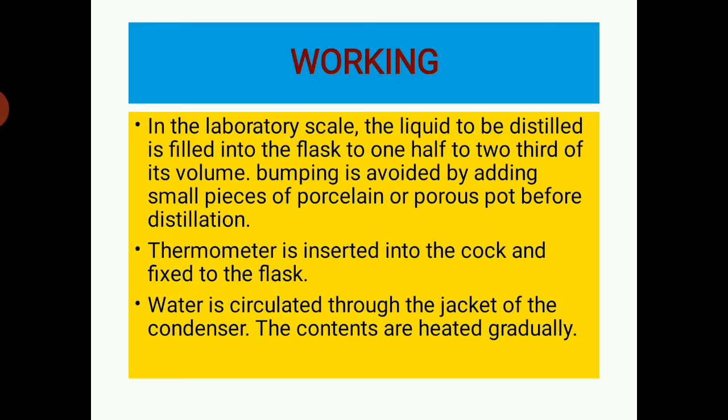Construction of the simple distillation. It consists of a distillation flask with a side arm sloping downward, and a condenser is fitted into the side arm by means of a cork. The condenser is usually a water condenser, that is jacketed for circulation of water. The condenser is connected to a receiver flask using the adapter.